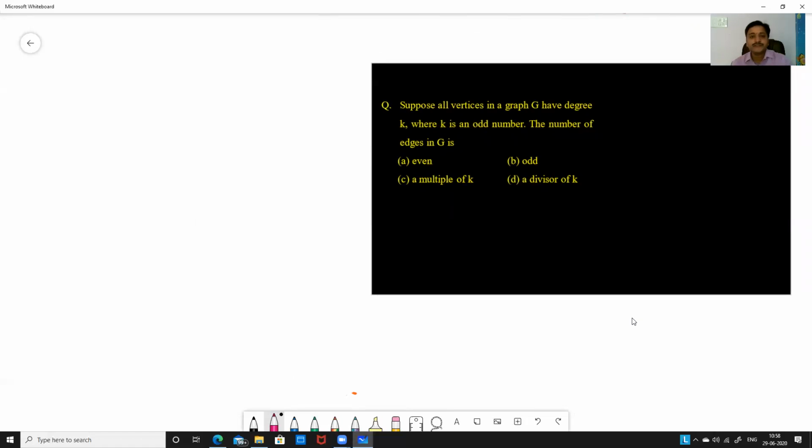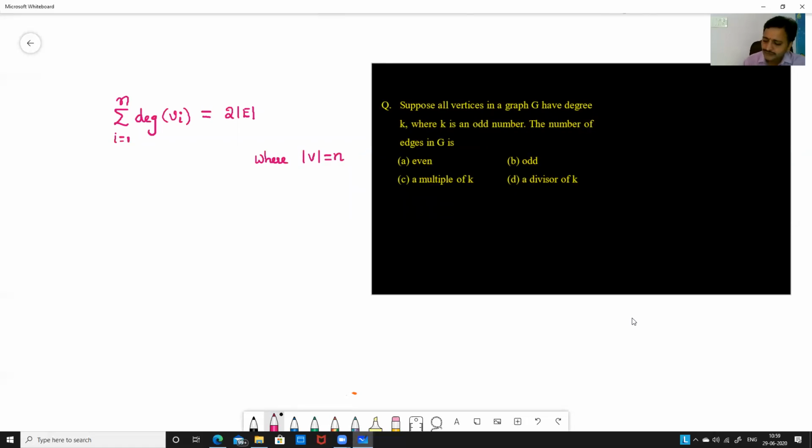The question asks for the number of edges in the graph G. Now, by using the sum of degrees of vertices theorem, the summation of i from 1 to n of the degree of all vertices is equal to 2 times the total number of edges, where n indicates the cardinality of V, meaning total number of vertices is n.